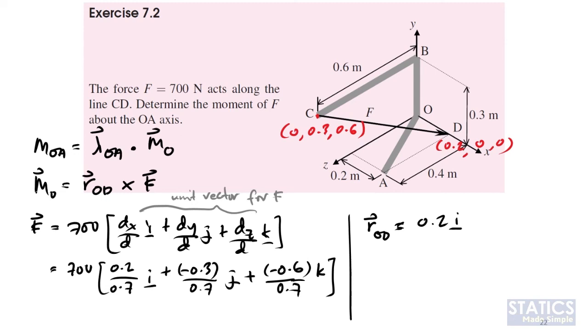So coming back to our MO, since we have only one term here, and we know we need to do a cross product, with i, j, k, the cross product will give a value if we cross i with j, i with k, and not i with itself. So i must be crossed with j and k, not with i. So here the moment at O will be equal to 0.2 times this guy here.